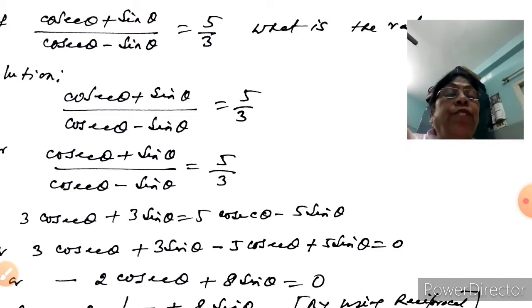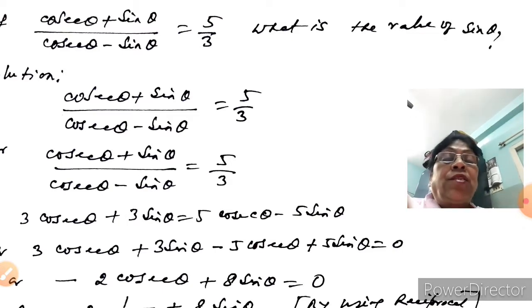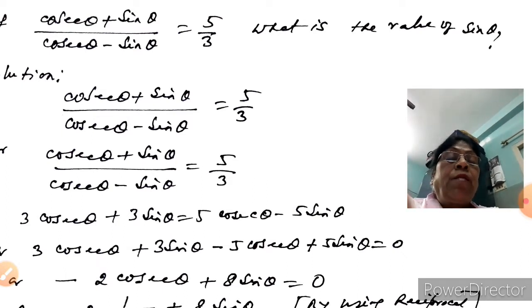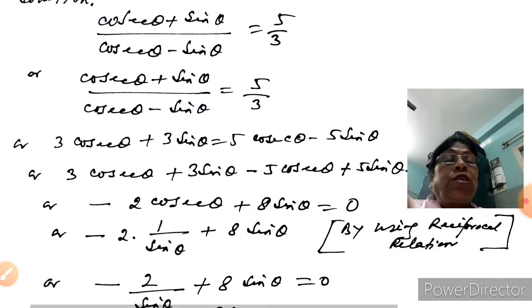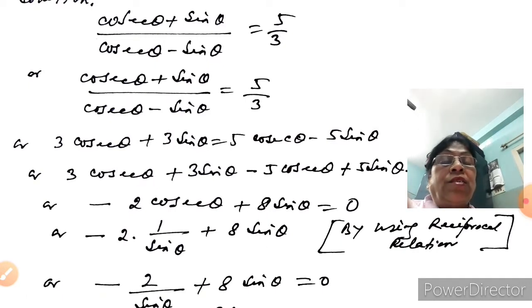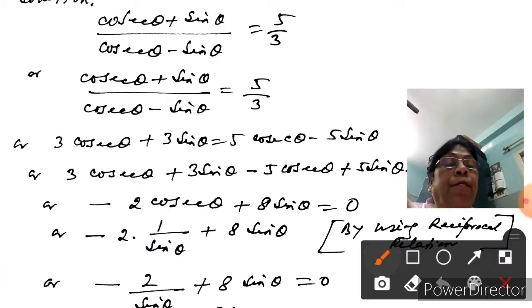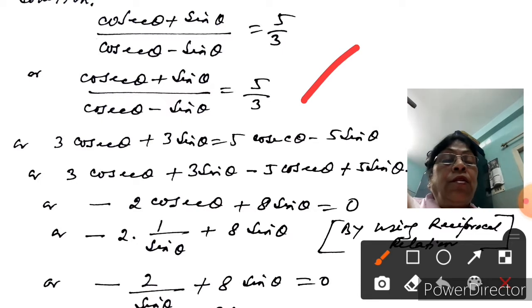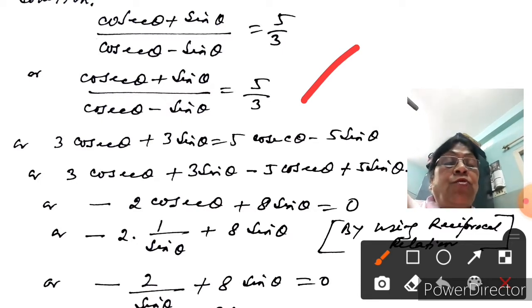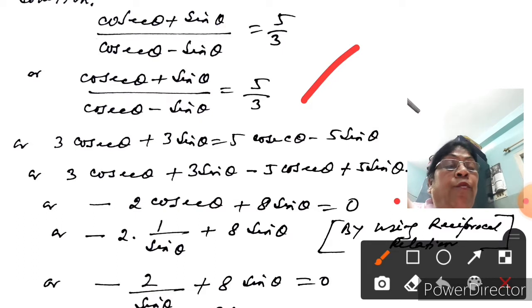Solution: (cosec θ + sin θ)/(cosec θ − sin θ) = 5/3. Cross multiplying and solving, ultimately we find 2 cosec θ + 8 sin θ = 0.